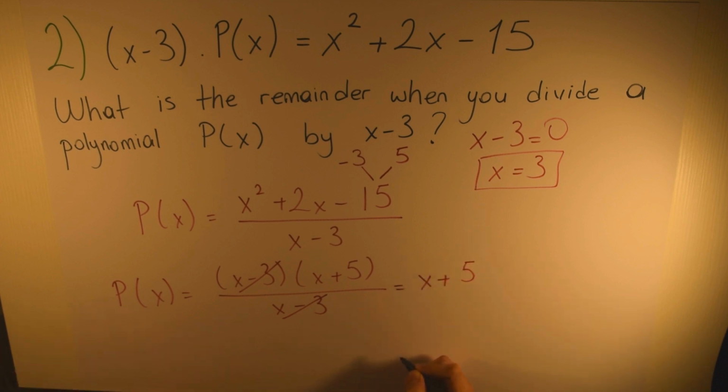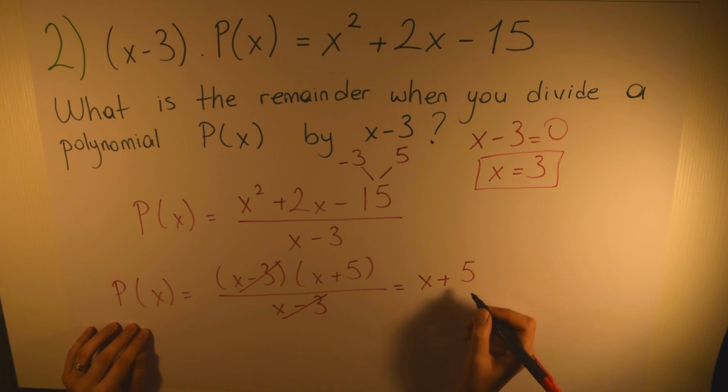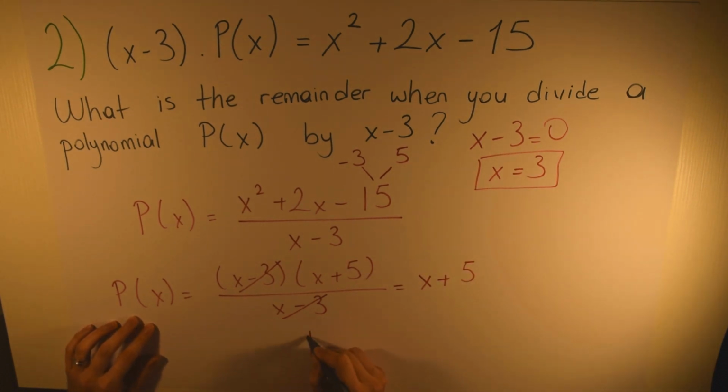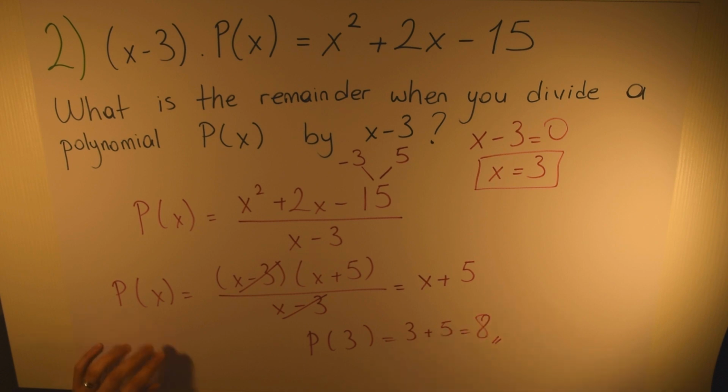Now everything is much easier. Instead of x, we put 3, so P(3) is equal to 3 plus 5, which is equal to 8, and that is our answer, our remainder.